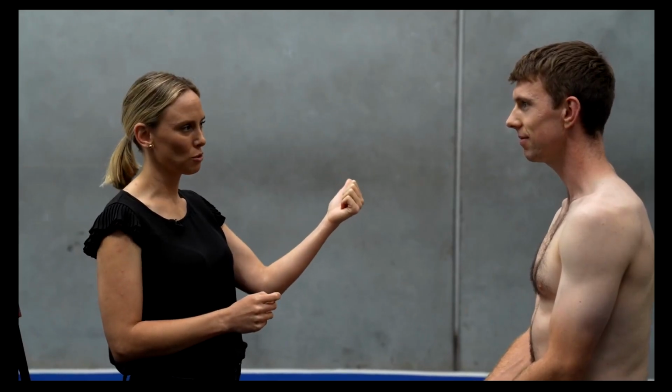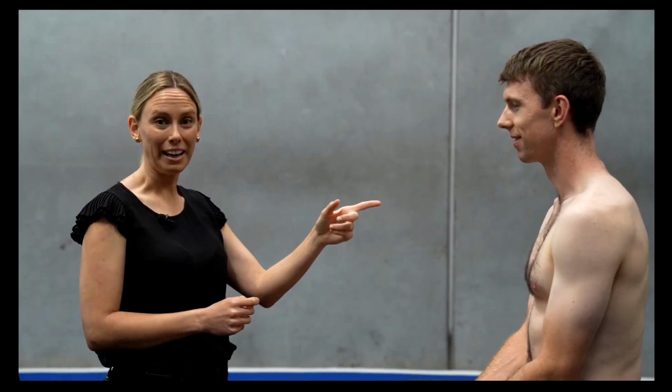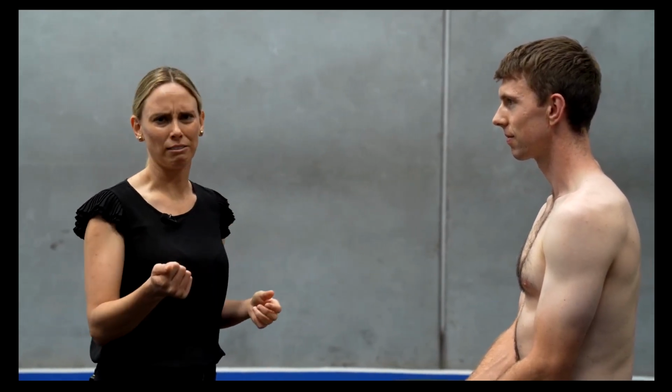So what we might see if somebody has poor proprioception around the jaw is, if I say, can you please move your jaw as far as you can to the right, he might move to the left, or he might go a few different movements and ask, is that right? He doesn't really know where his jaw is in space. That's already, again, really important for me when I'm thinking of what might be going on, it's starting to raise that flag of maybe there's some proprioceptive motor control issues going on with this patient.